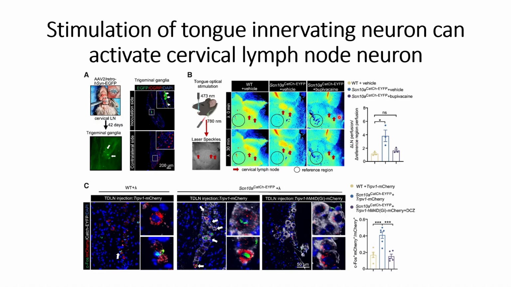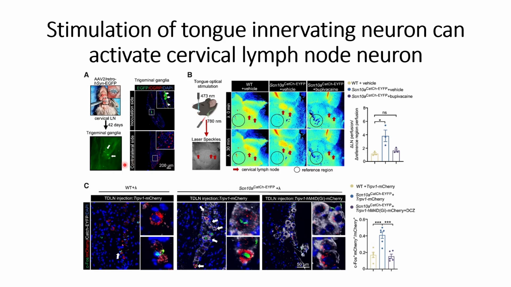And here they see minimum signals, it looks even lower than the signals from the wild type, but when we check the quantification, it is close to the wild type. And in the case of CatCh-EYFP plus vehicle, they are able to see increased delta LN perfusion, increased intensity of the blood flow.